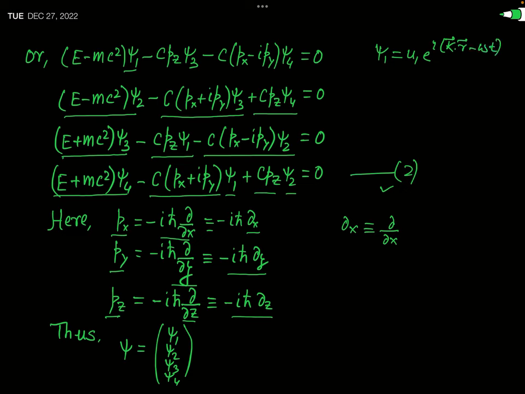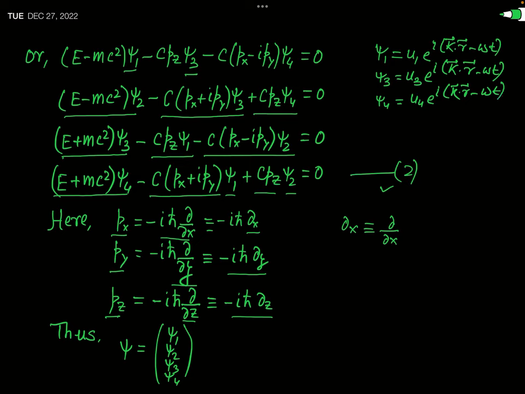At the place of psi 3, we write u3 e to the power i (k dot r minus omega t). Similarly, at the place of psi 4, we write u4 e to the power i (k dot r minus omega t), and that will be equal to 0.